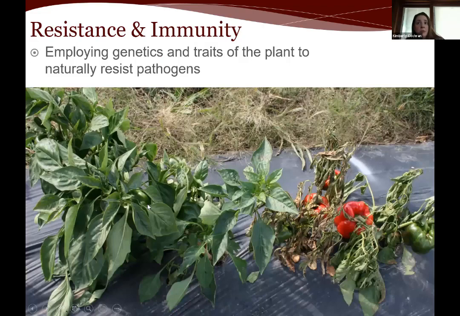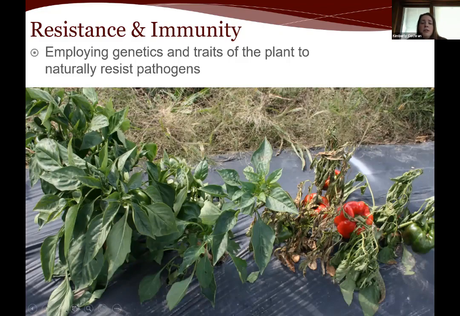So what exactly is resistance and immunity? Well, resistance is when you're employing plant genetics and traits of the plant to naturally resist pathogens. So here's a case of pepper, and this plant on the right has Phytophthora blighted pepper, and the one on the left has been exposed to it, but because it has genes for resistance to the pathogen, it's able to have metabolic activity that prevents successful infection by the pathogen, then it doesn't have disease progression at all.